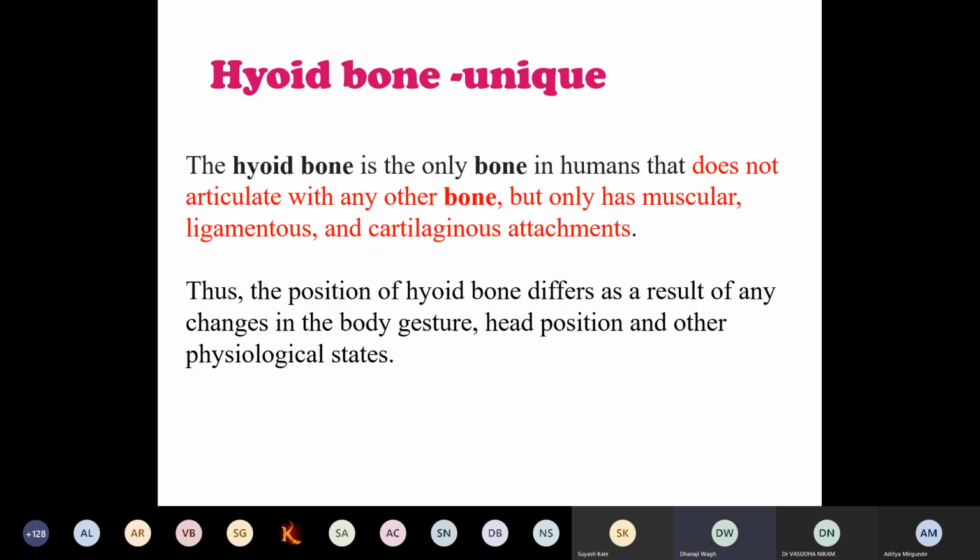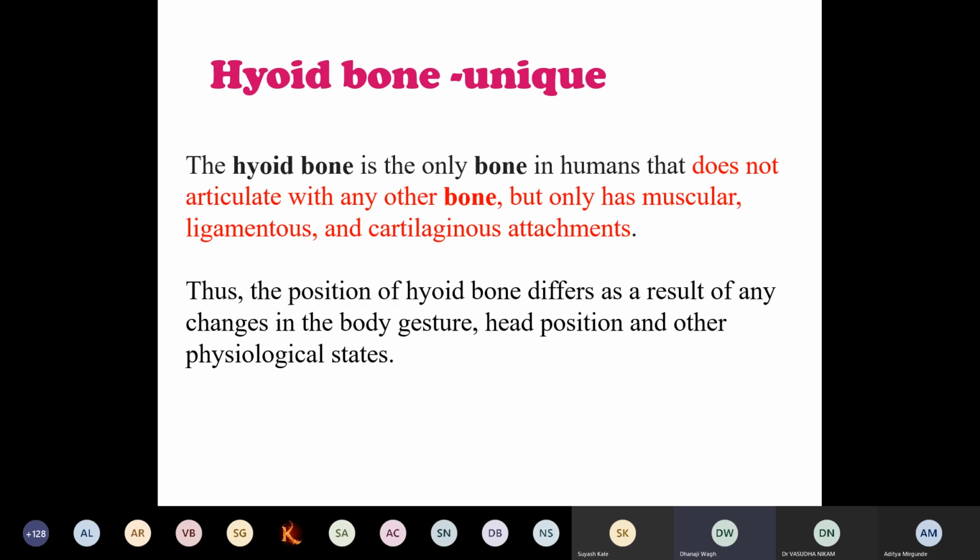Now see, this hyoid bone is a special, unique bone. So what is unique in the hyoid bone? The hyoid bone is the only bone in humans that does not articulate with any other bone, but only has muscular, ligamentous and cartilaginous attachments.